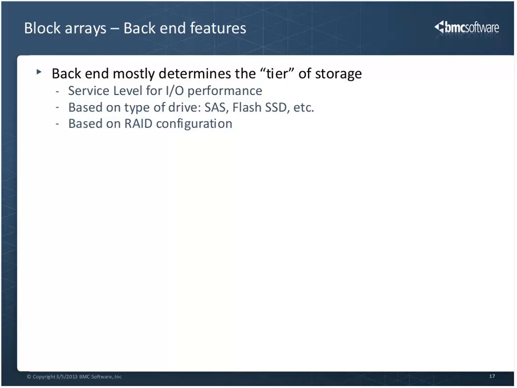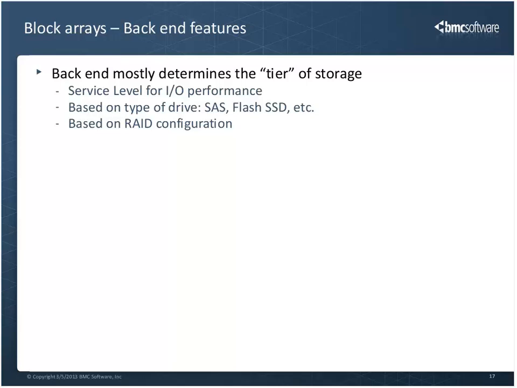So based on the type of drive, for example, flash drive, flash SSD drive, the solid state ones, and so on, you can see the numbers for all of these drives in terms of I/O performance published by the vendors. So you can tell that there are really tiers of different kinds of storage.